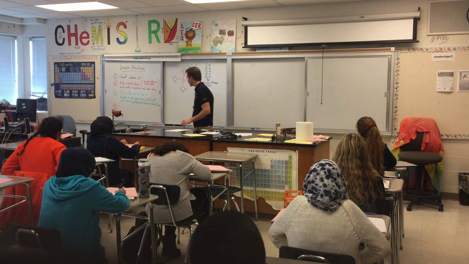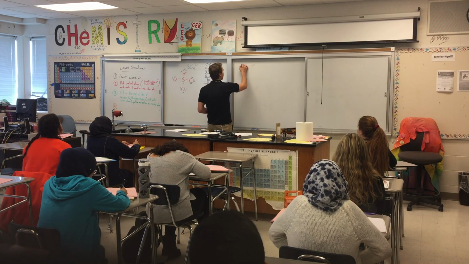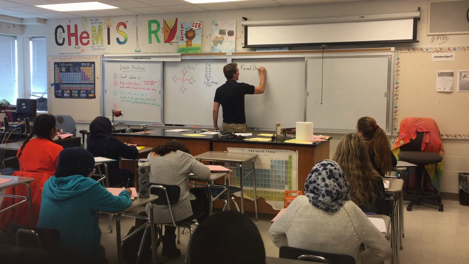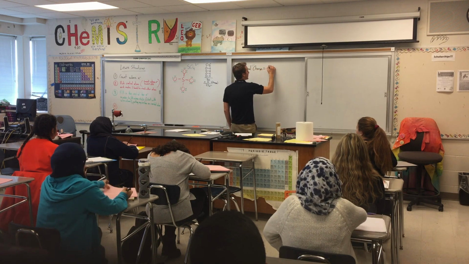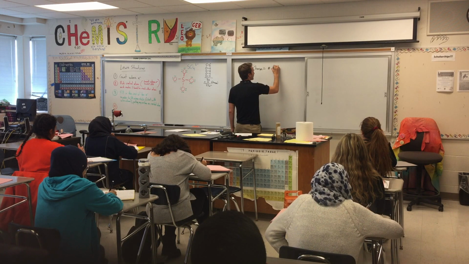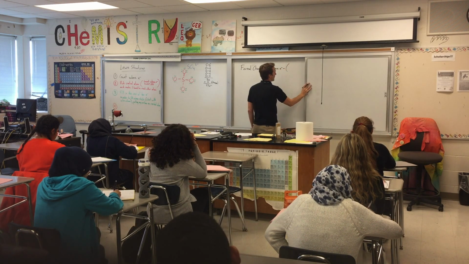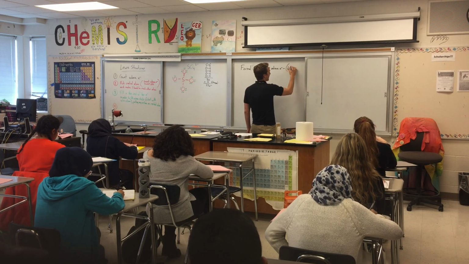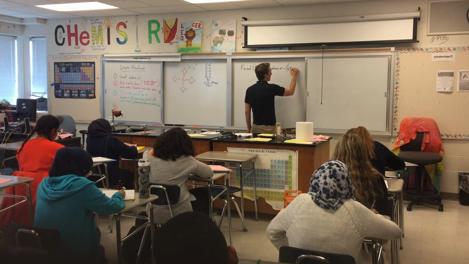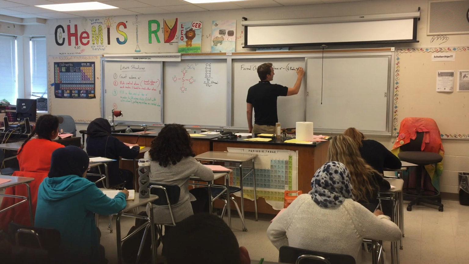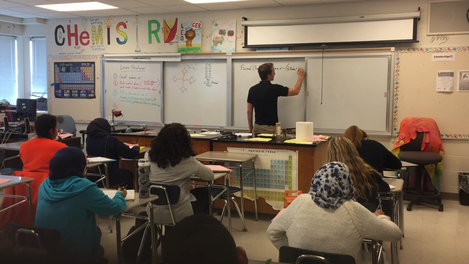And the way we calculate it: number of valence electrons, minus half the number of bonding electrons, plus the number of lone pair electrons.